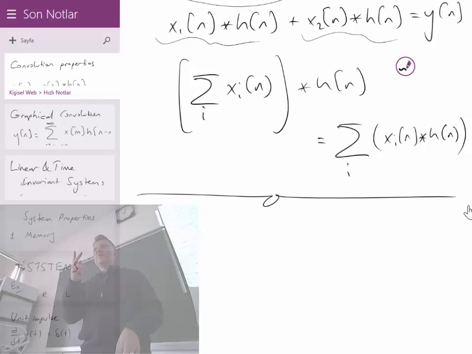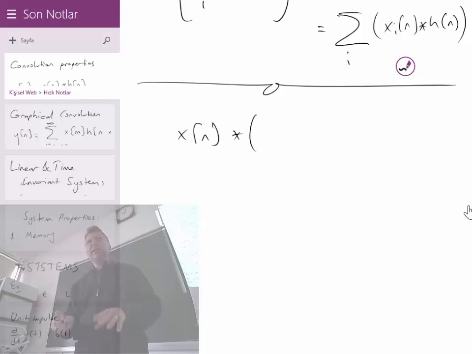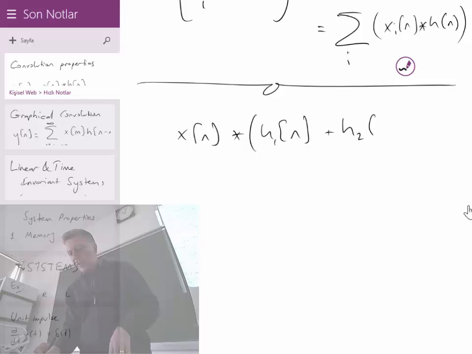Now from the commutative property we come up with something strange here. This also means that if you have an input x of n, and if you want to convolve it with a summation of impulse responses h1 plus h2 of n, then this also distributes similarly, because these two can be interchanged.